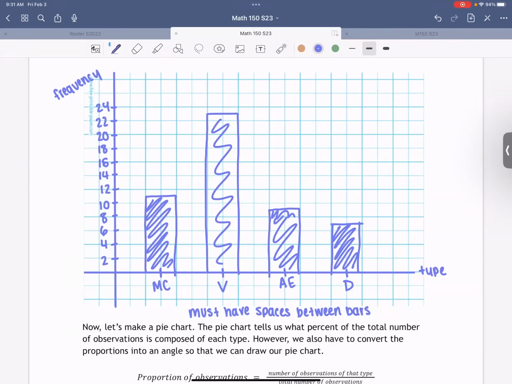That is not how qualitative data should be expressed, because we don't want to make it seem like there's some sort of connection between the two. When we move into quantitative data, you'll actually see how one bar will flow into the next, and then that bar will flow into the next. It'll be a little bit more obvious when we do an example, but for qualitative data, make sure you have the spaces between the bars.